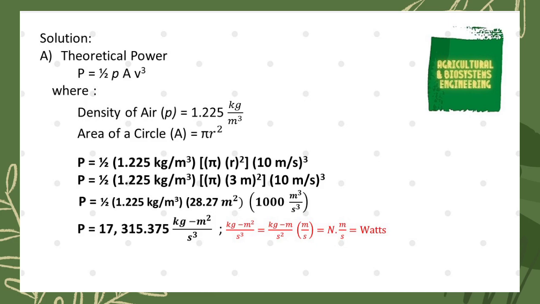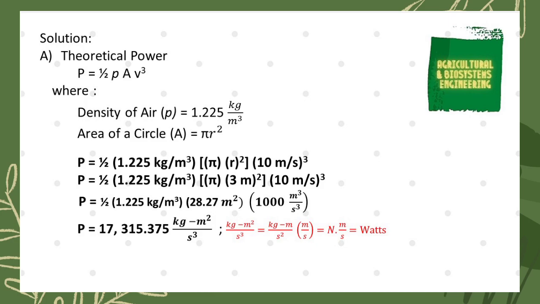So just solve it, giving us 1/2 times 1.225 kilogram per cubic meter times the area of a circle, which is now 28.27 square meter, times the cube of the speed, which is now 1000 cubic meter per cubic second, giving us an answer of 17,315.375 kilogram by square meter per cubic second.